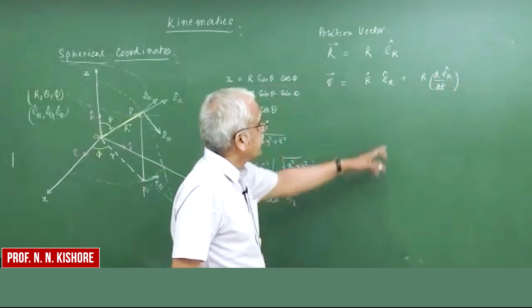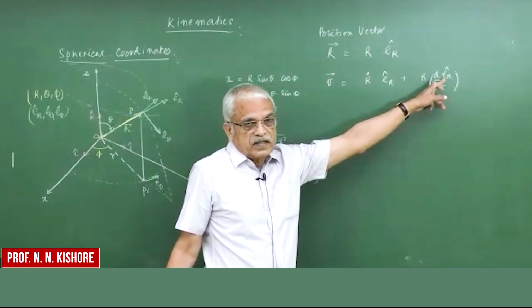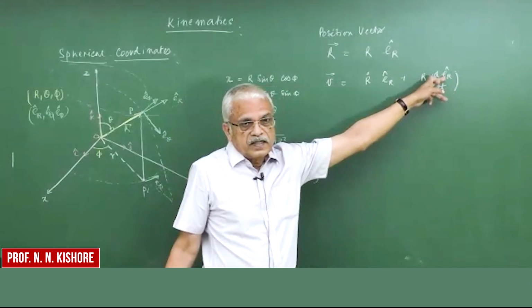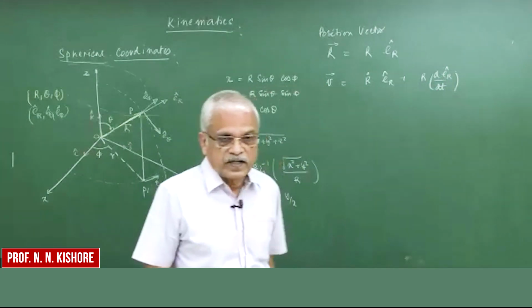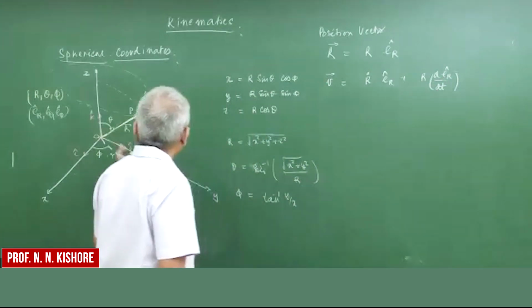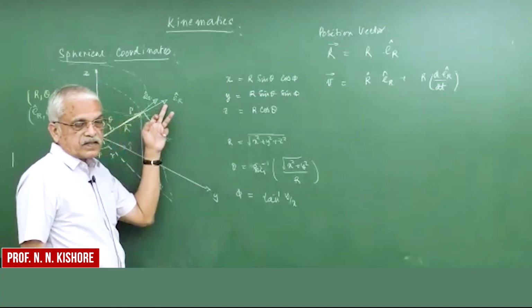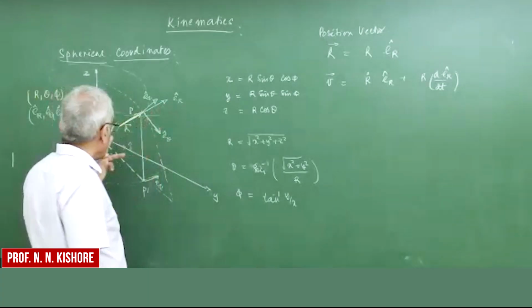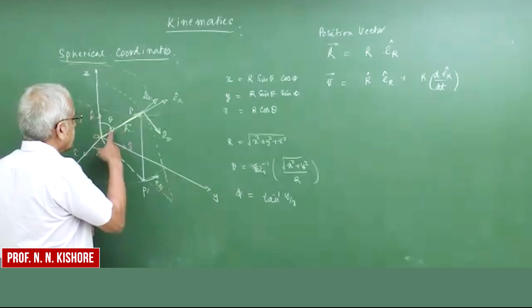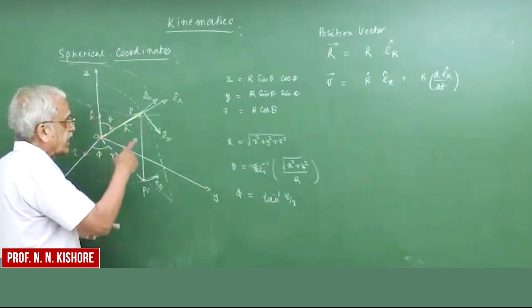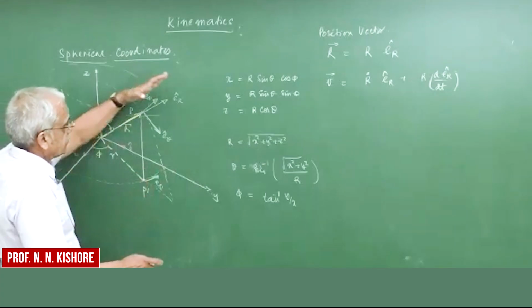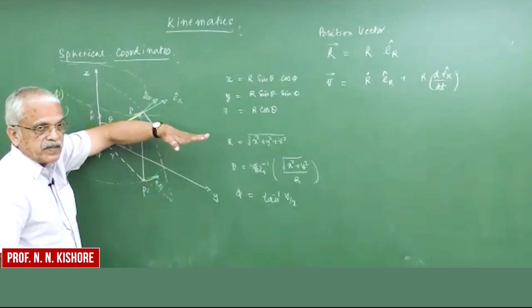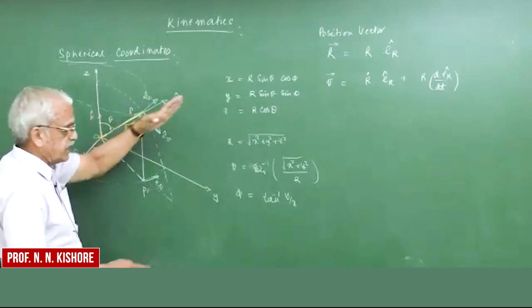Interestingly, what is this d e_r by dt? What is the change in e_r because of the change in the coordinates? Changing r will not affect the direction of e_r. However, changing theta and phi will. For example, if you increase theta, e_r is going to bend down a little bit, so it's going to have a delta e_r.